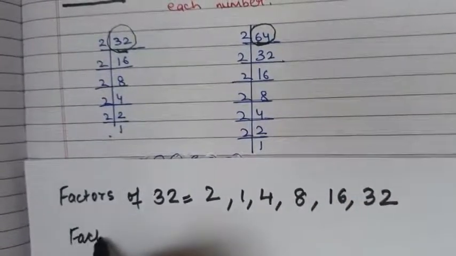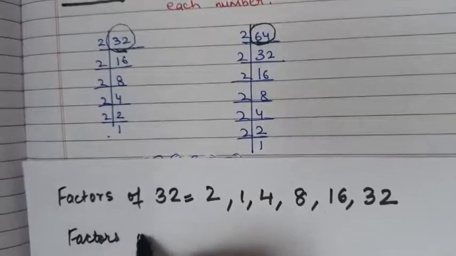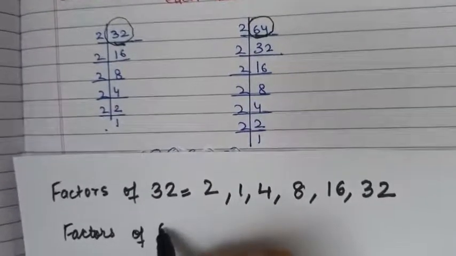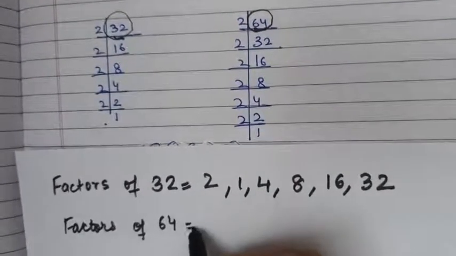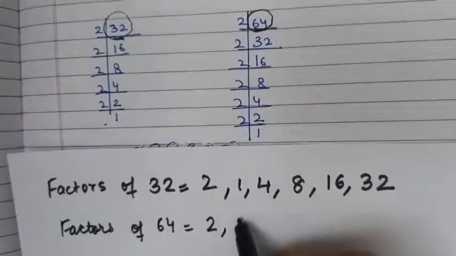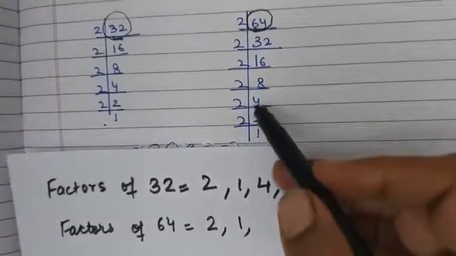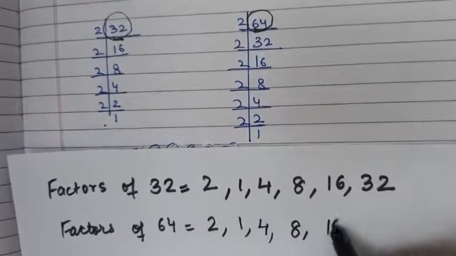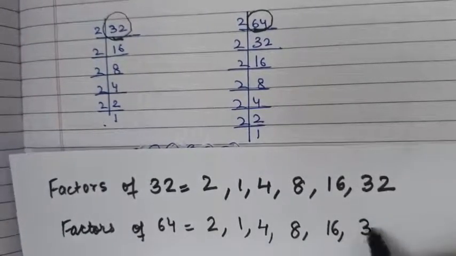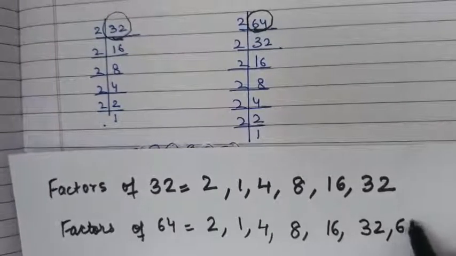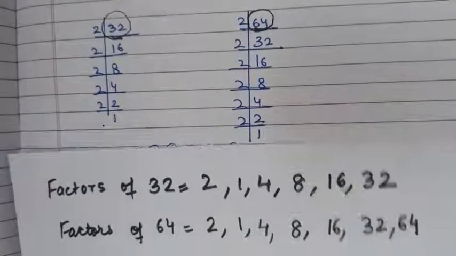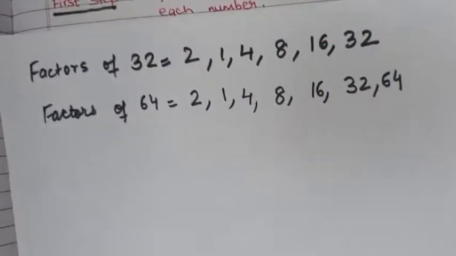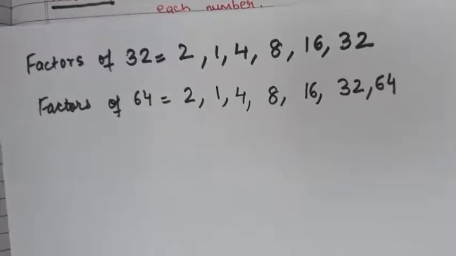Factors of 64. That is 2, 1, then 4, then 8, 16, 32, and in the last 64. Now we have written the factors.